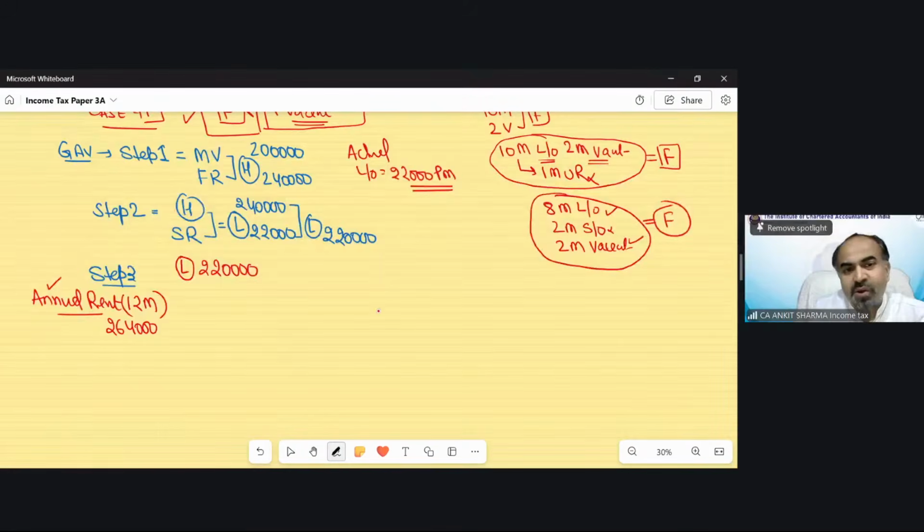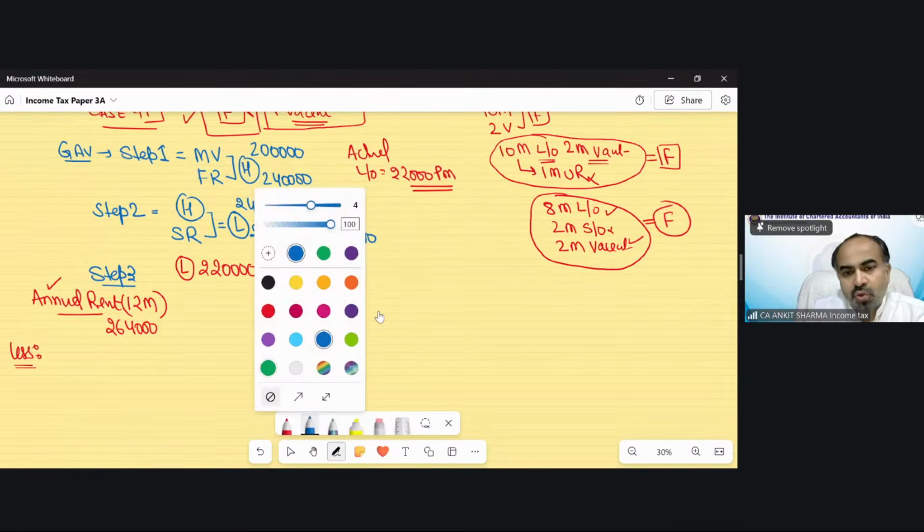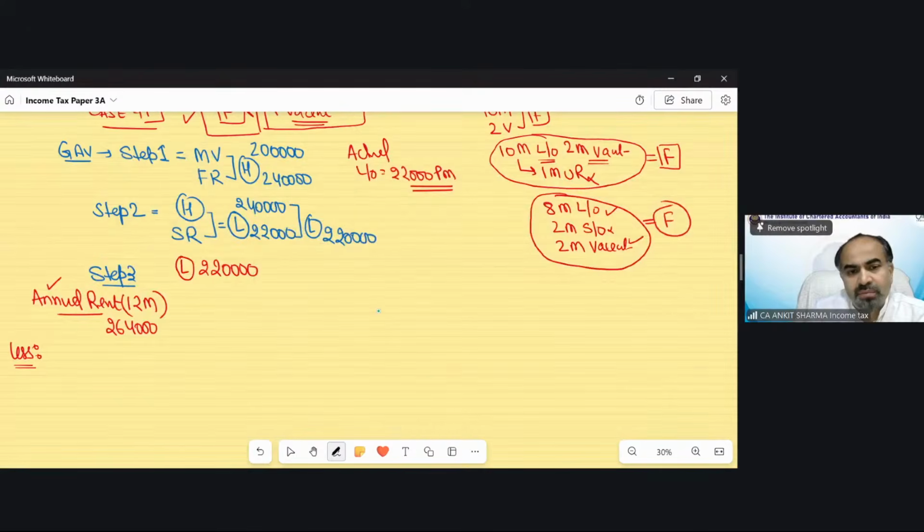Once you get your annual rent, then before comparison with this lower value, we need to reduce two values first, if applicable in the question. So if there is any unrealized rent in the question, suppose the question says that 1 month unrealized rent was there.